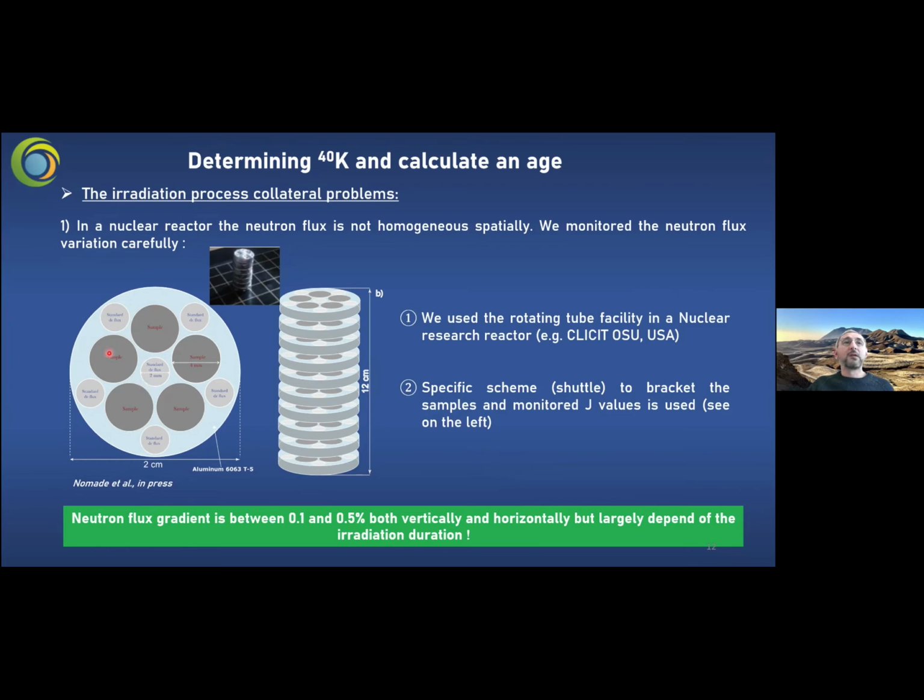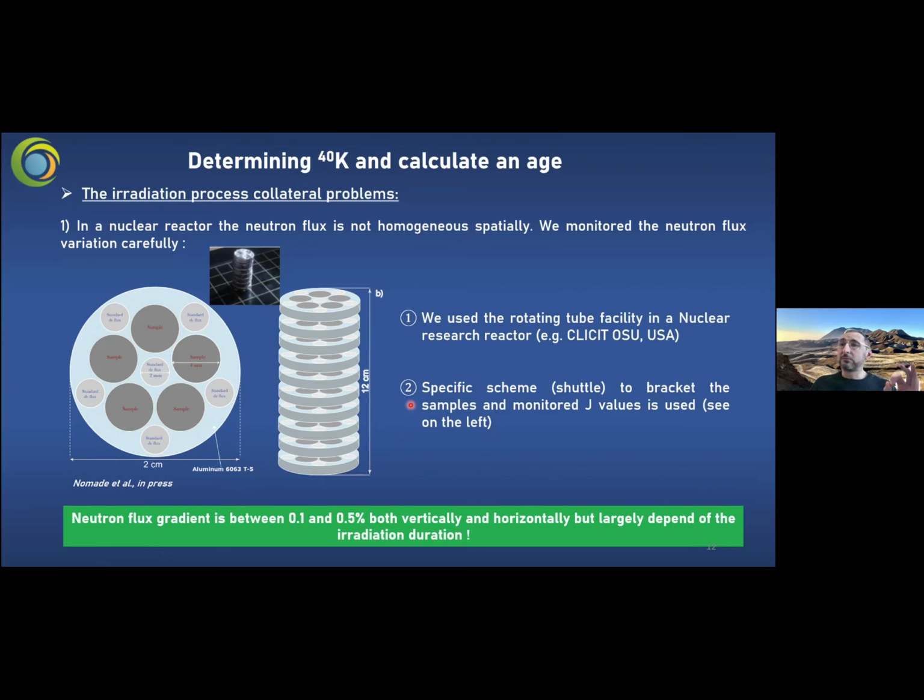So we can vertically and horizontally check the homogeneity of the quantity of neutrons. The variations inside a shuttle are about 0.1 to 0.5% vertically and horizontally. But this largely depends on the irradiation duration. We use rotating tubes, so we can homogenize this J value.